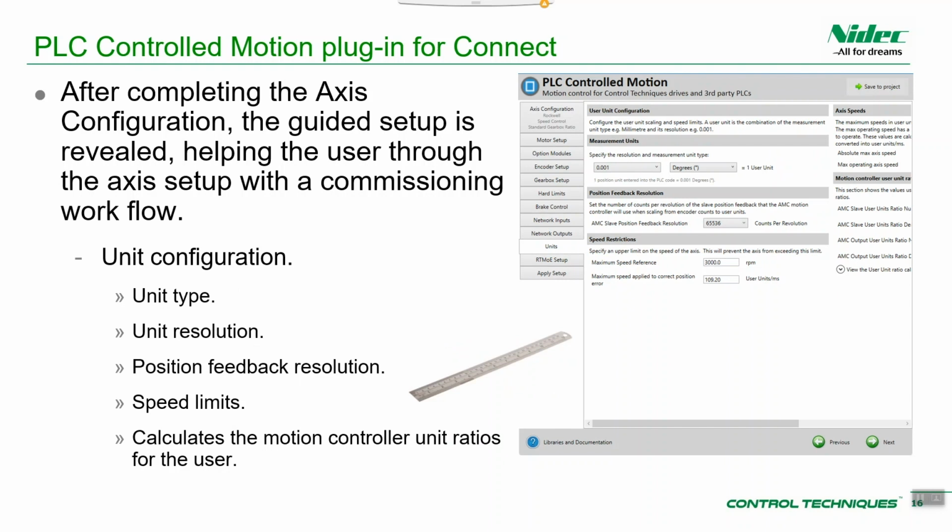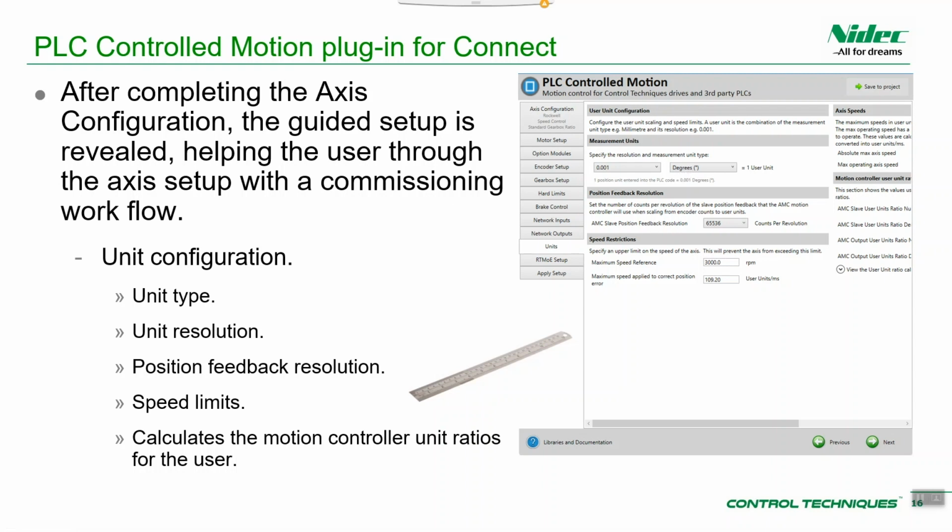User units. This is where you configure the type of unit that you're interested in. There are various rotary units. In this case, this is set up with a rotary axis because it's a standard gearbox ratio, so it's only rotary. And so we've got a standard set of engineering type units here. In this case, it's degrees.